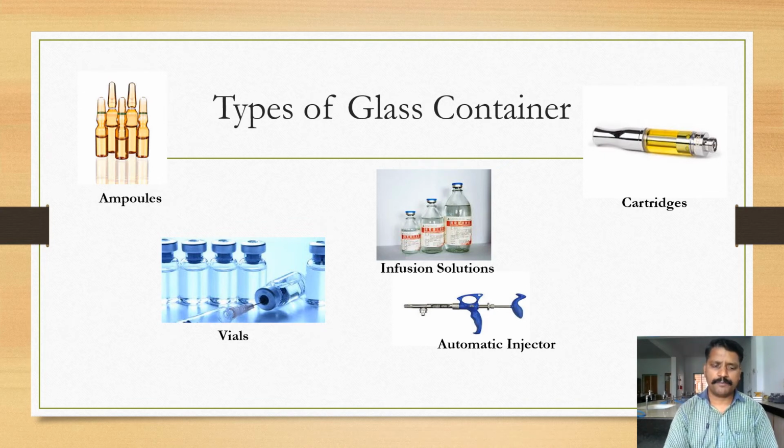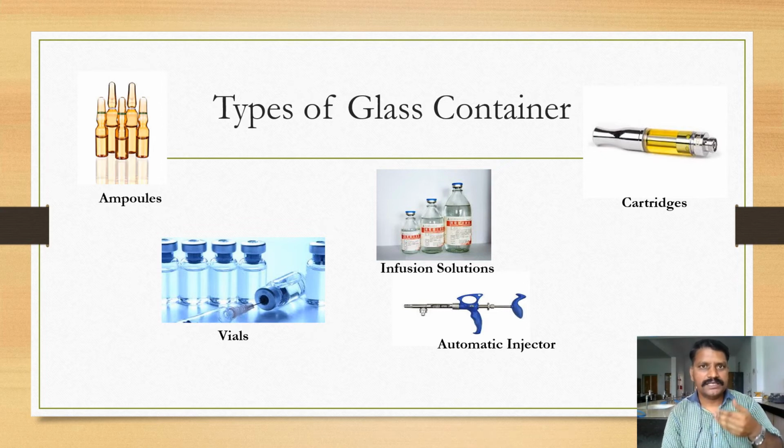The use of ampoules has been reduced due to their unsuitability for multiple dose use, the need to filter the solution before use, and other safety considerations. So these are the limitations. It means the chances of contamination, because of a single dose, and dislodging.